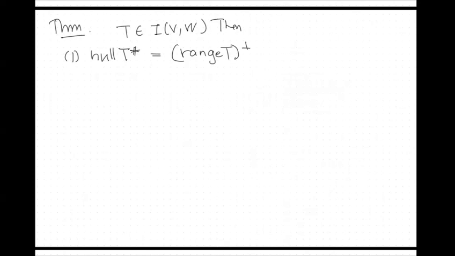So recall the definition of orthogonal complement. This is just the set of vectors V such that the inner product of V and U is 0 for every U in the set or the subspace. So that's the definition 6.45 of the book.